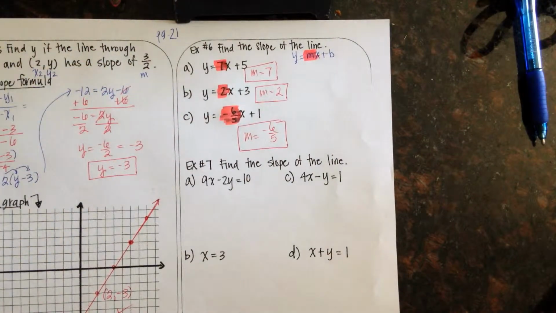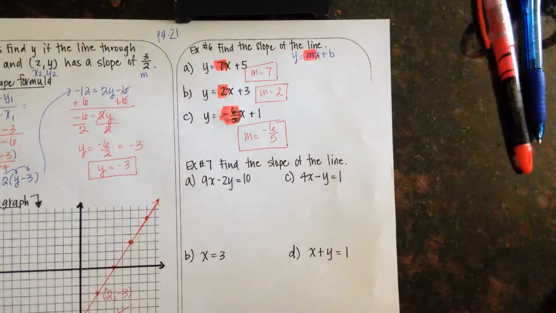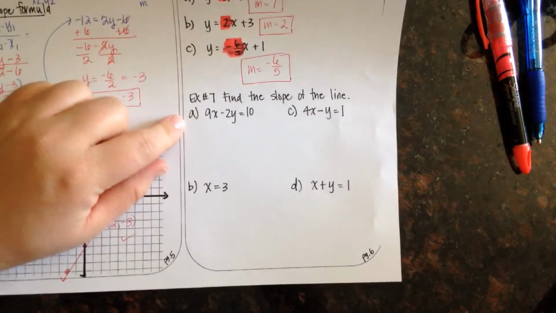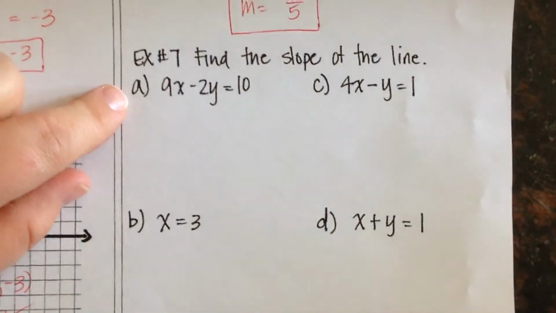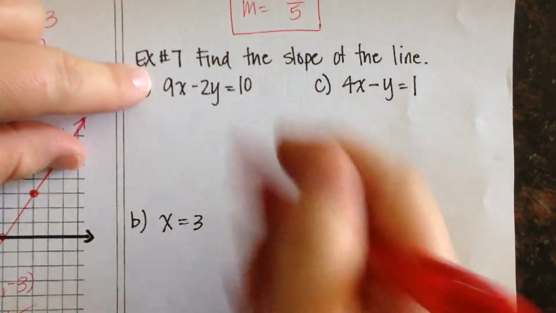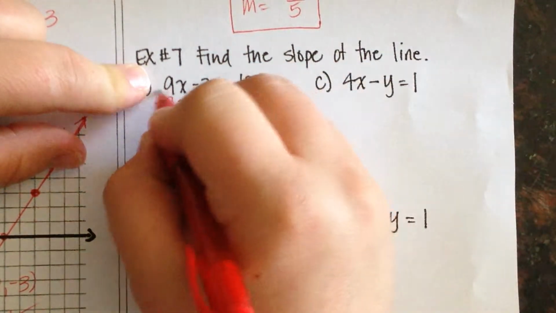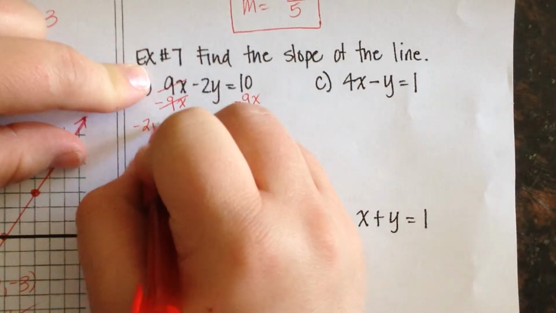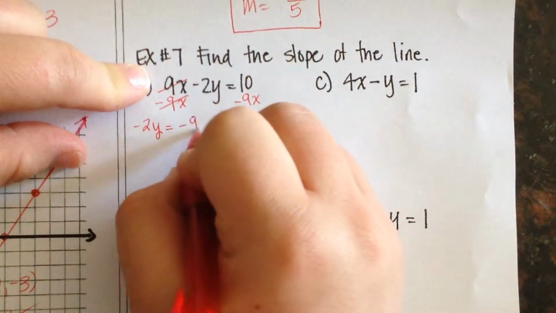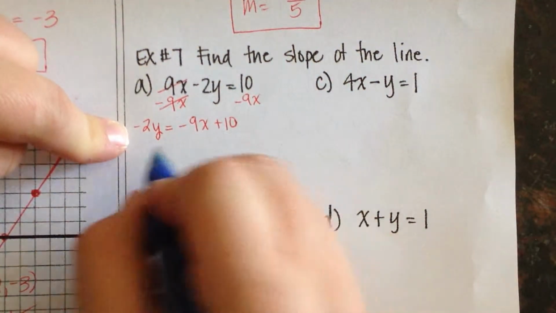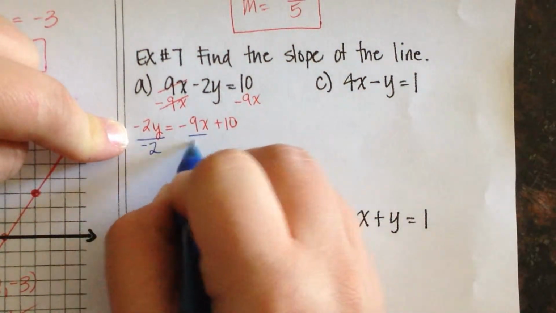Now on example 7, we do not have slope-intercept form, and so we're going to have to do some rearranging. Okay, I'm going to have to zoom in real quick. So I'm going to get y by itself. So first thing, subtract 9x from both sides. I'm left with negative 2y equals negative 9x plus 10. To get y by itself, I want to divide off negative 2.